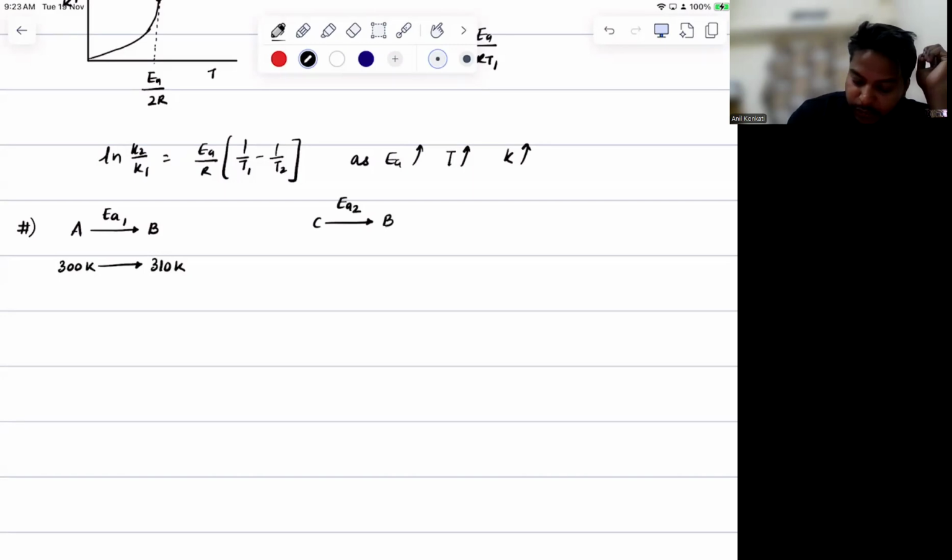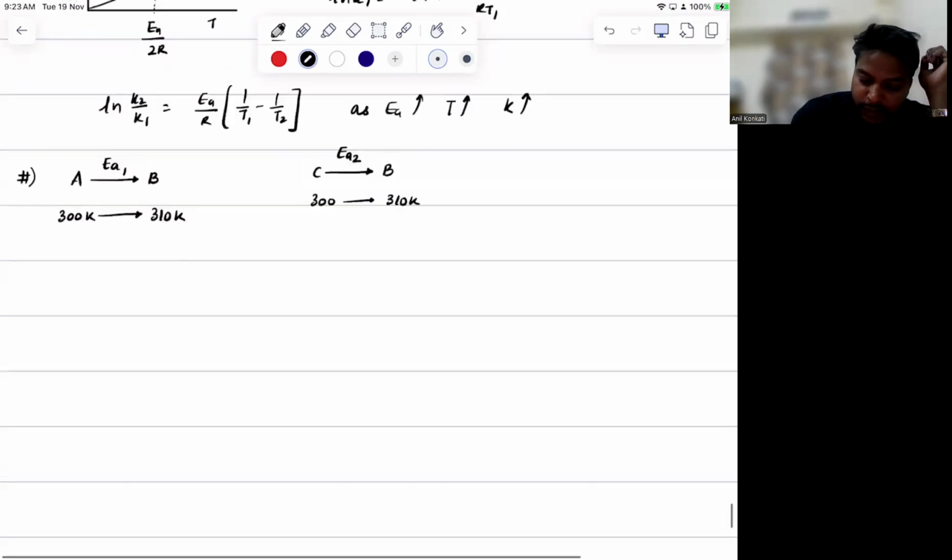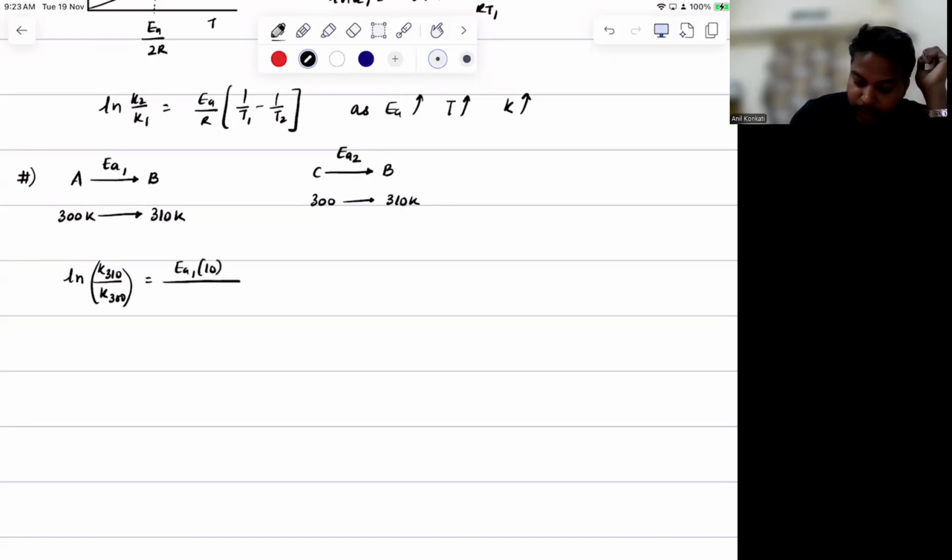Here also we are taking it from 300 to 310 kelvins. Yeah. Now from here I can say that ln K of 310 by 300 should be equal to EA1 into 10 divided by R into 300 into 310, correct? Using this equation.